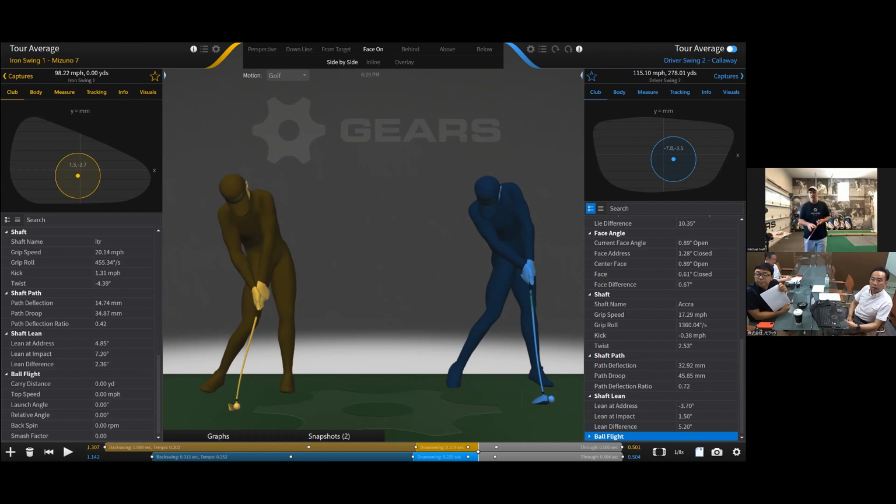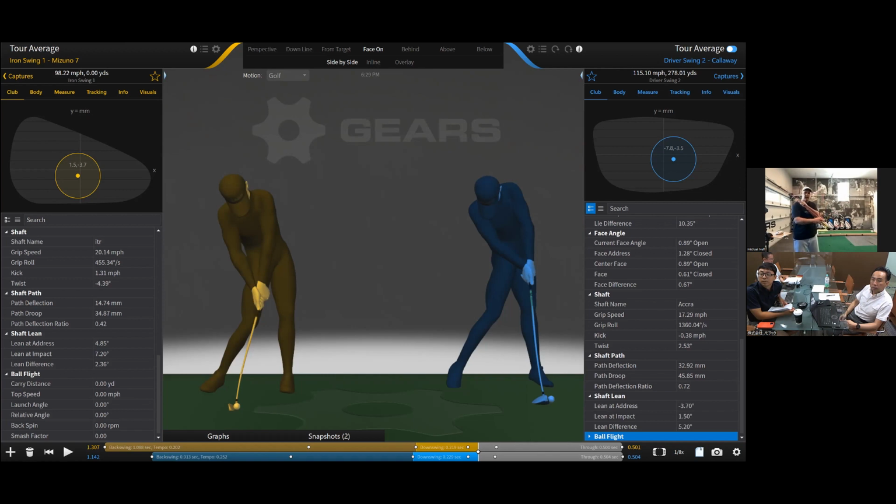Okay. So I would say to the crowd that you do not want more than, with an iron, 20 millimeters of deflection. You don't want to go much higher than 20 millimeters.